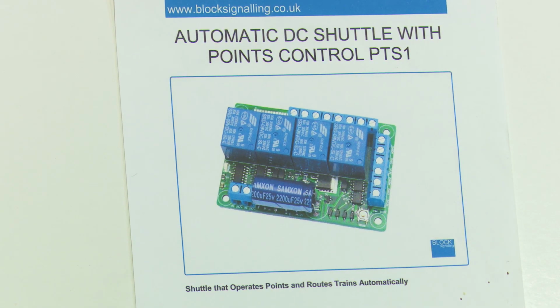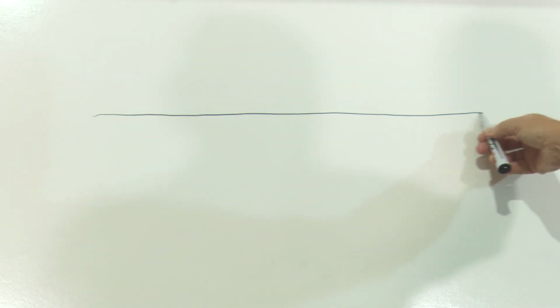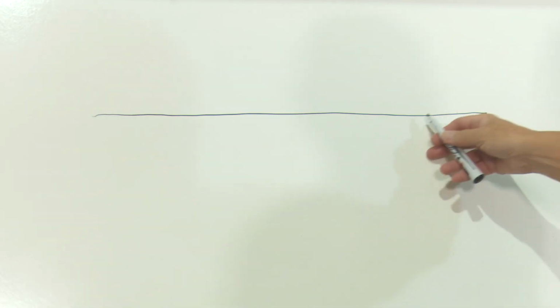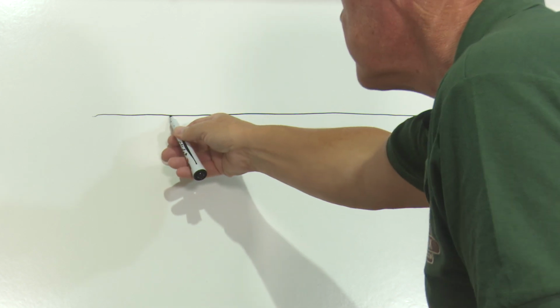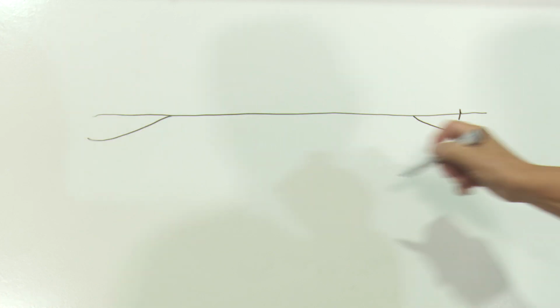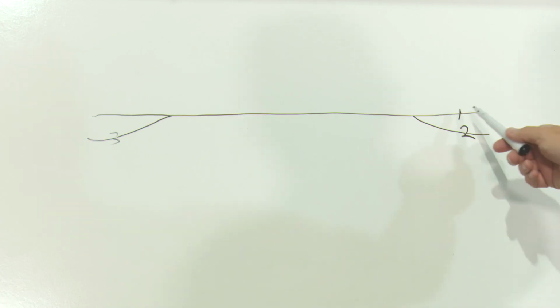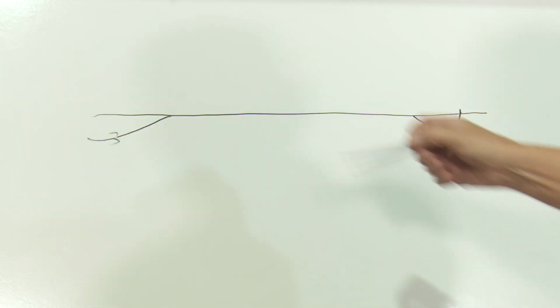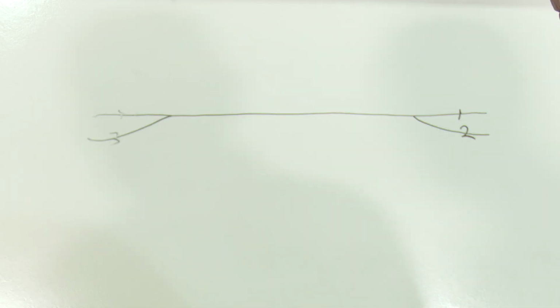This is quite interesting. Similar to the last one, you have one railway line, except this time you can have 2 points which can actually control 3 trains. So you can have train 1, train 2 and train 3, and if you wanted to send train 1 over into this empty siding, it would, and it would stop on arrival.